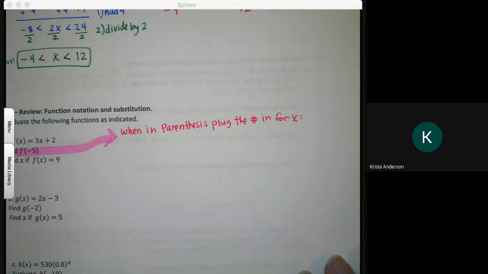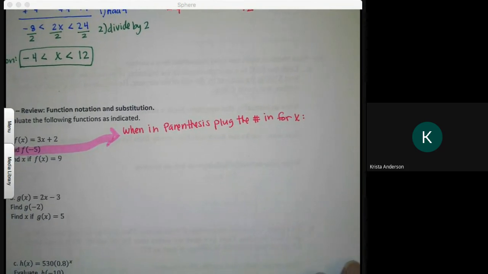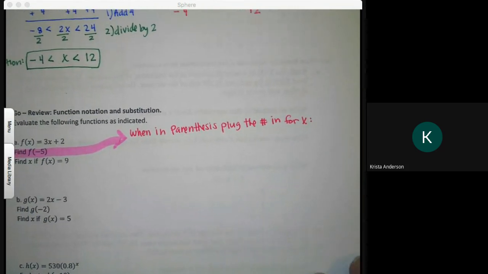When it is in parentheses, I just plug it in for x.